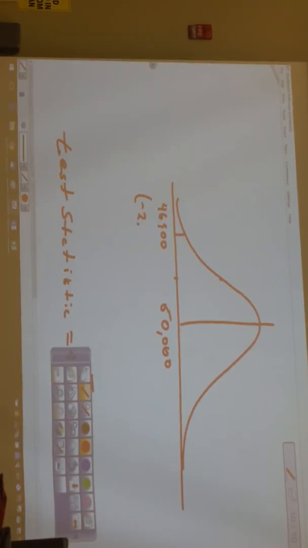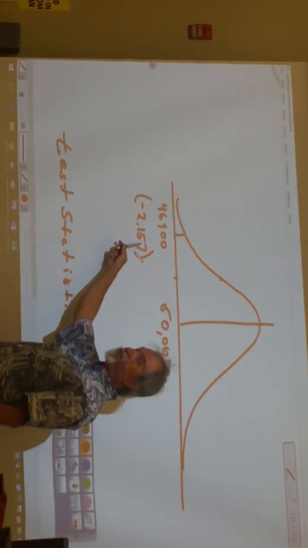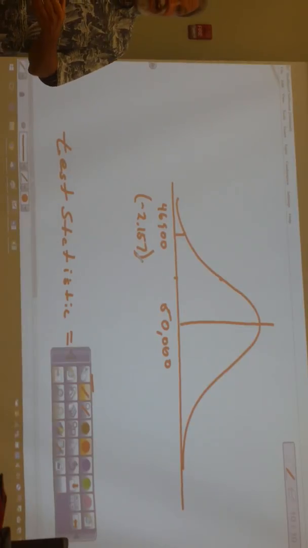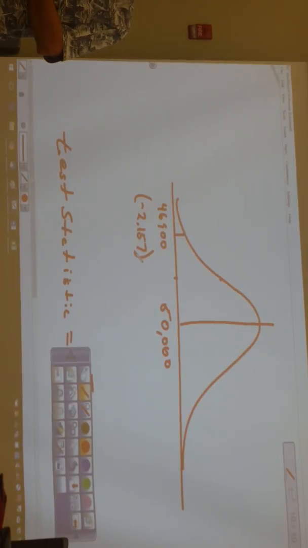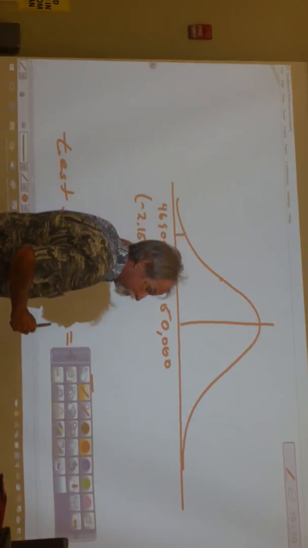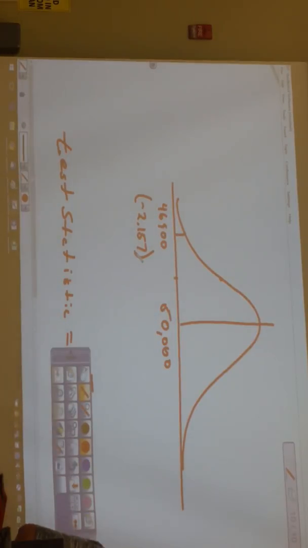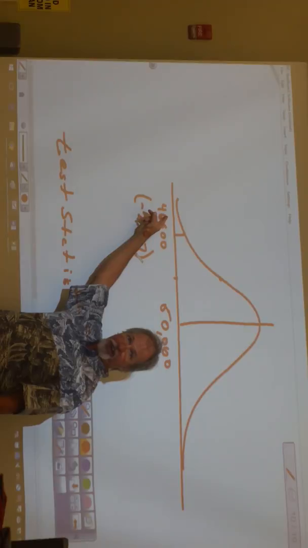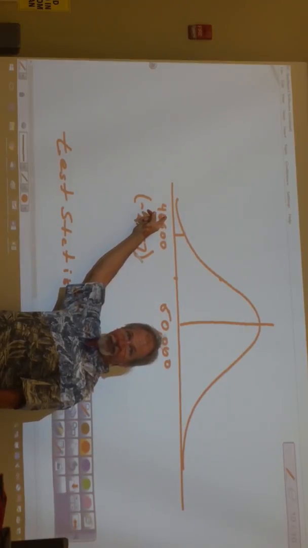Negative 2.157. Now, my question is, is that far enough away to say I reject the null hypothesis? I have to come back, and there's two ways that we're going to decide whether this is far enough out in the tail to reject the null hypothesis.